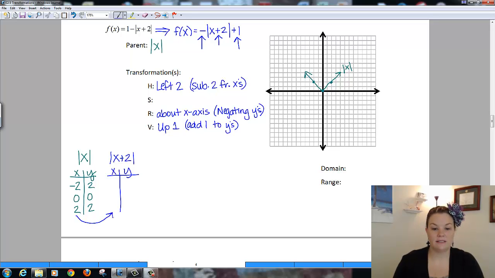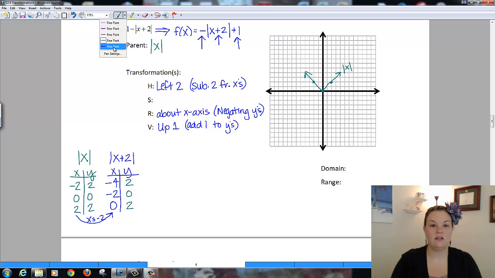So I'm taking my x's from my original xy table, and I'm going to subtract 2. So negative 2 minus 2 gives me negative 4. 0 minus 2 gives me negative 2. 2 minus 2 gives me 0. Notice I did not change my y's, so they stay the same. 2, 0, 2.